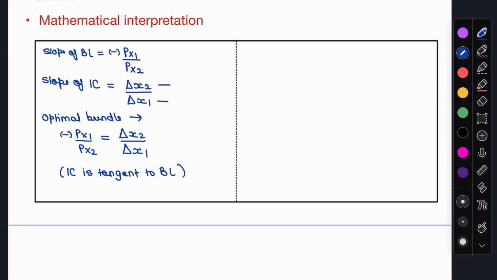In the example of bananas and oranges that we just took, this would be where PO upon PB is equal to delta YB upon delta YO, where PO is the price of oranges, PB is the price of bananas, delta YB is the change in the number of bananas, and delta YO is the change in number of oranges.